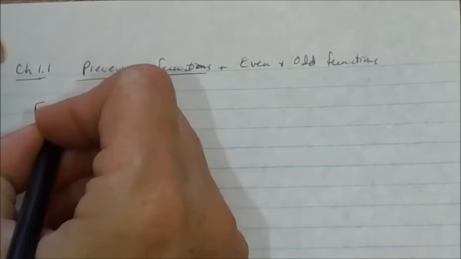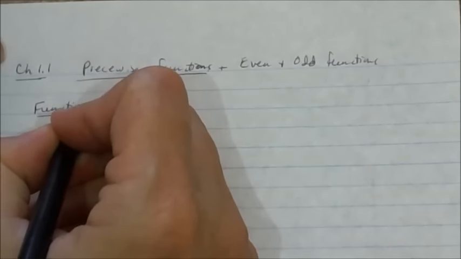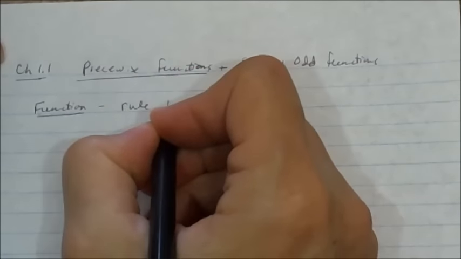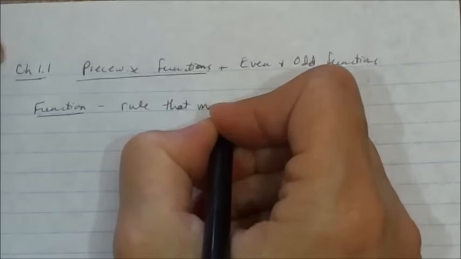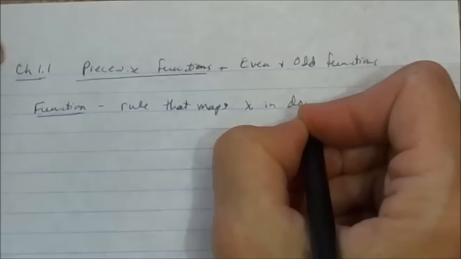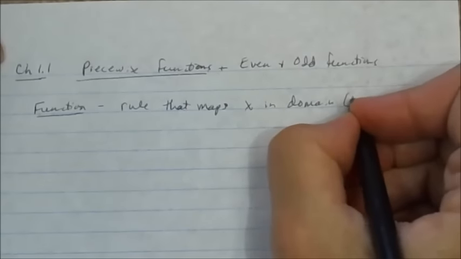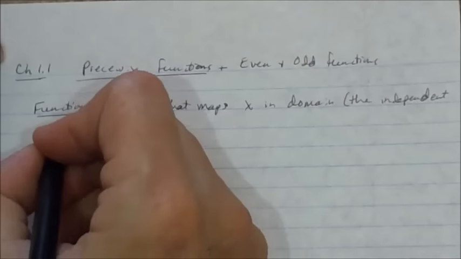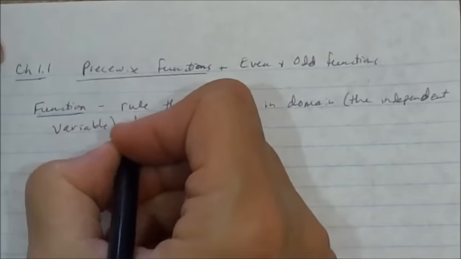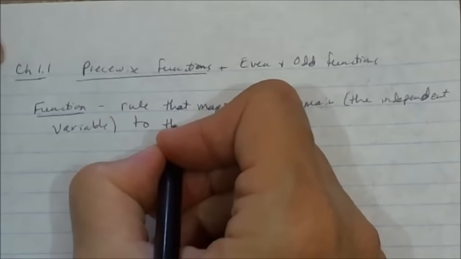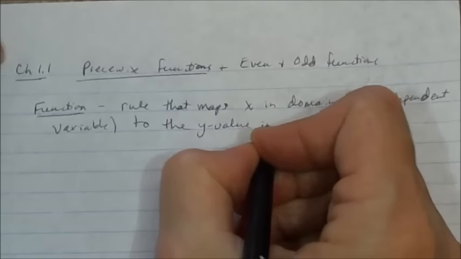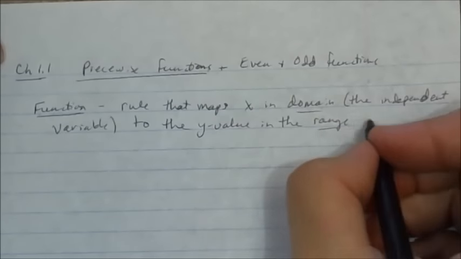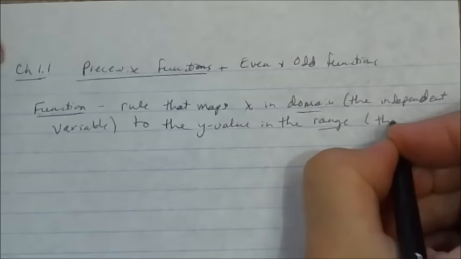Remember, a function from previous years of math is a rule that maps x in the domain, and that's called the independent variable, to the y value in the range. Domain and range. And the y value in the range is called the dependent variable.